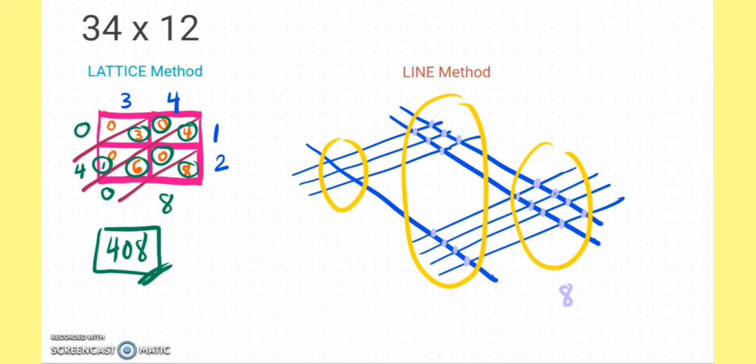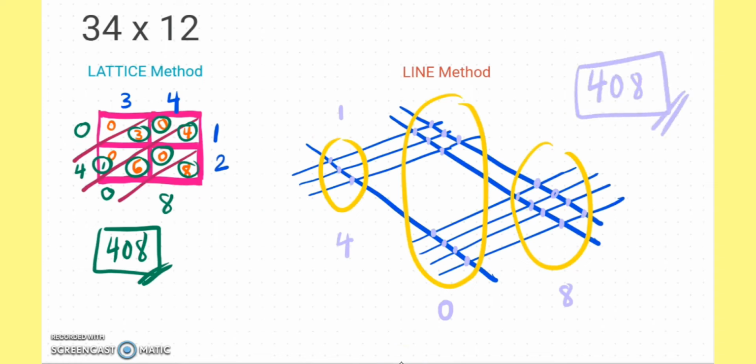But again, if our answer is a 2-digit one, we just take the ones digit. So 10 is written like this. We only take the 0 and the 1 will be included in the next group. Then we have 1, 2, 3 and the 1 earlier. So it's going to be 4. So if we write our answer accordingly, we get 408 also as our answer.